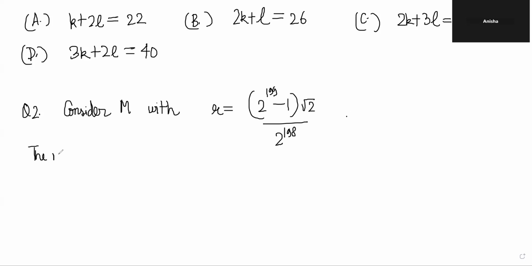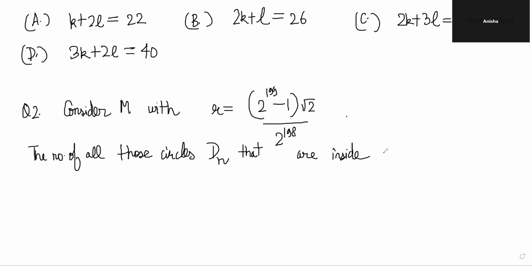The number of all those circles Dn that are inside M is what? The options are 198, 199, 200, and 201.